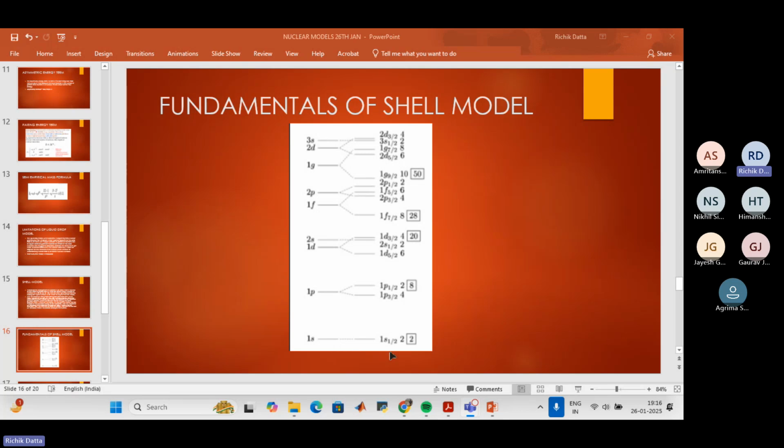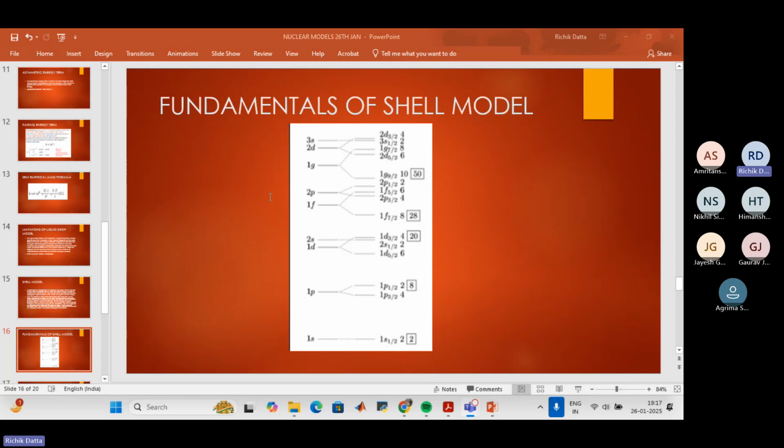But from the shell model, 1s half can occupy maximum 2 electrons. So 1s half 2, 1p 3 by 2 4, 1p half 2, 1d 5 by 2 6, 2s half 2, and it will go on up to higher levels. So this is all about the basic principle of the shell model.